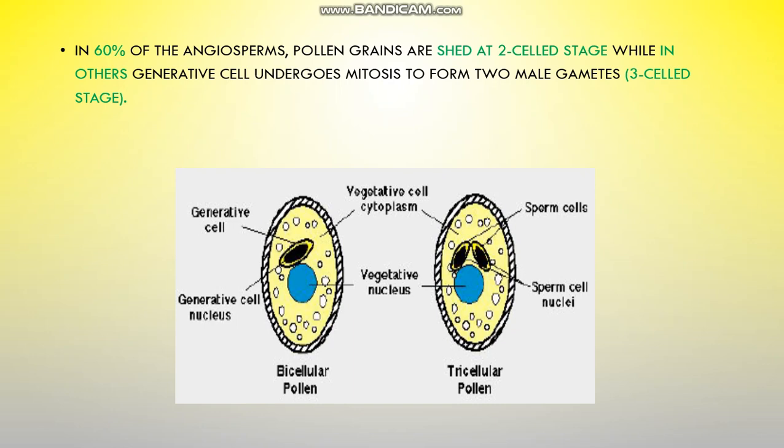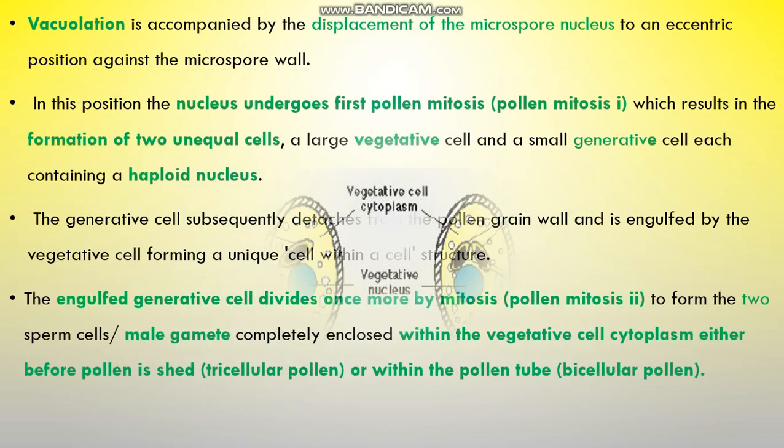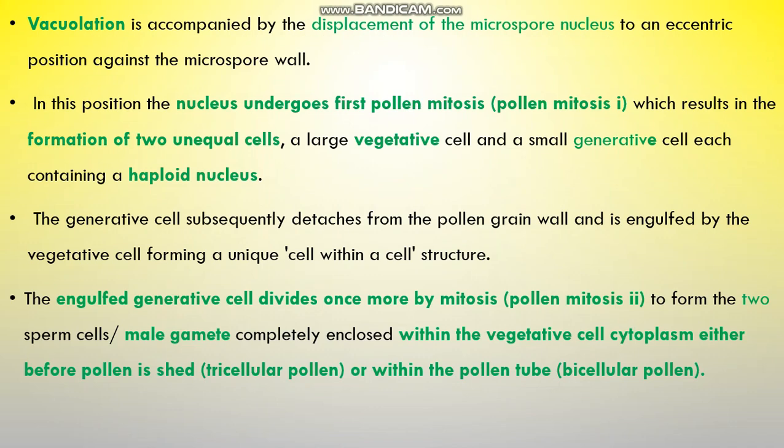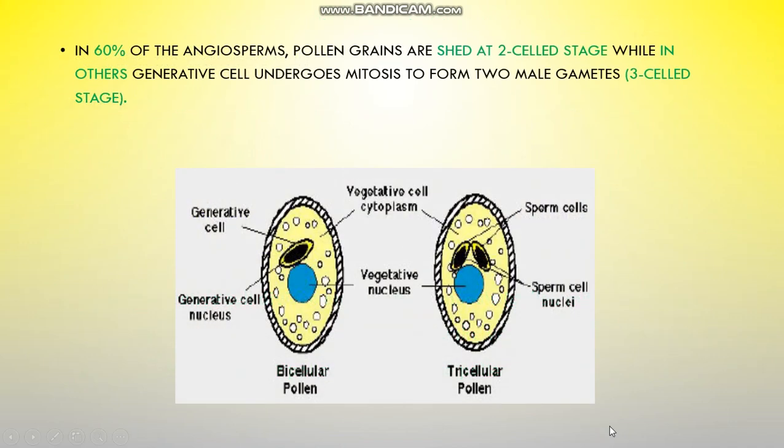So in 60% of the angiosperms, pollen grains are released at the two-celled stage, this one, vegetative and generative. Whereas in the remaining 40% of the angiosperms, the pollen grains are released at the three-celled stage.